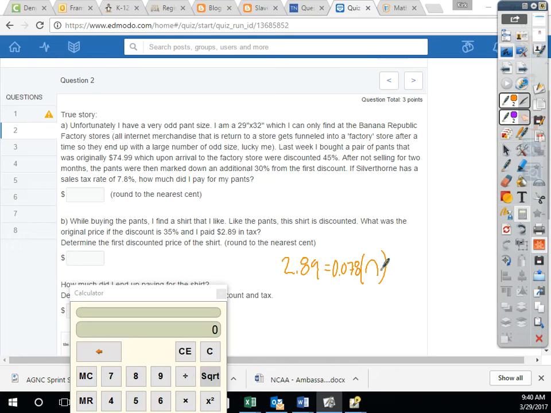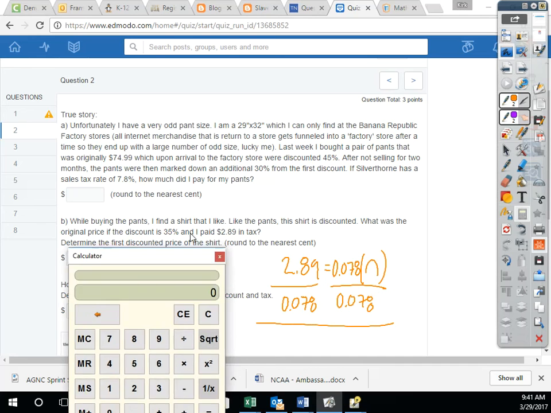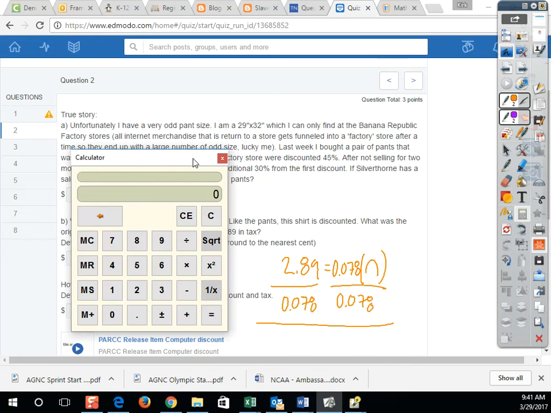Well, what's the opposite of multiplying n by 0.078? Dividing it by 0.078. And I get $37.05.